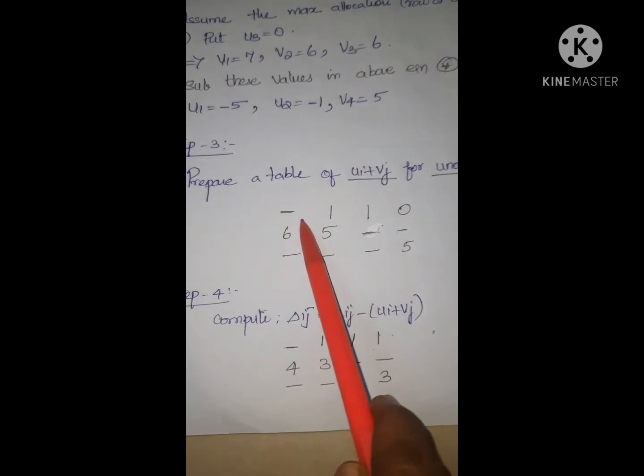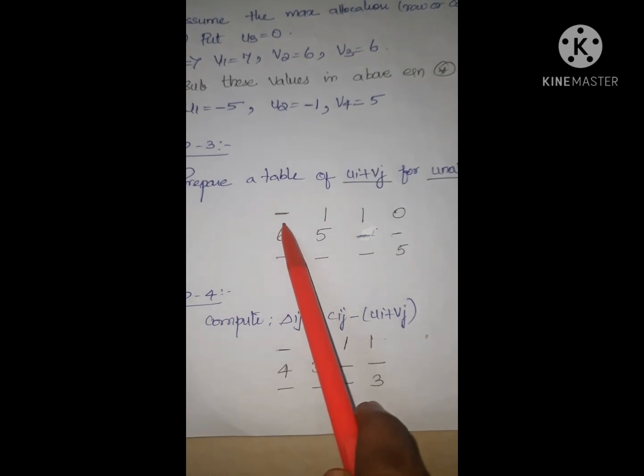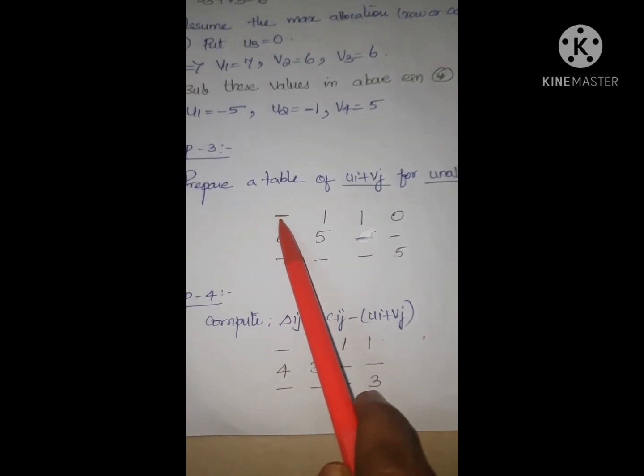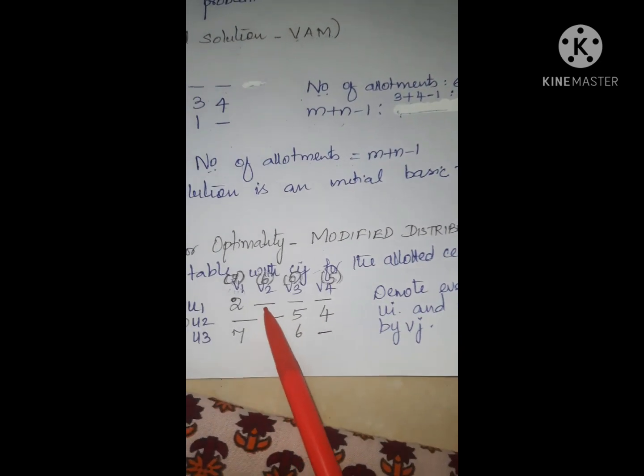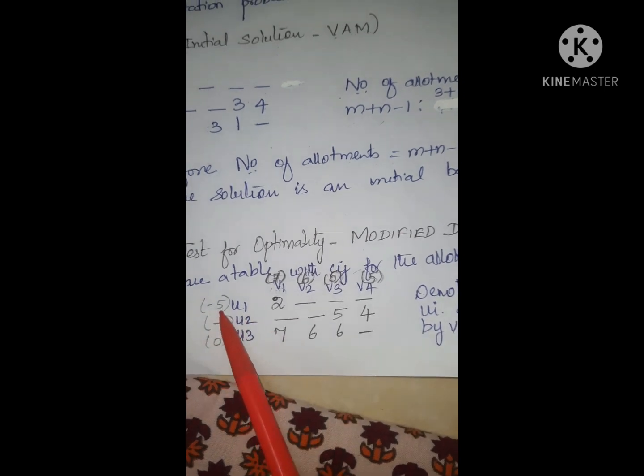So in step 1, the first value is allotted. So here I make it a blank space. The second value in step 1 is unallotted. So for that unallotted cell, add up the corresponding u and v. So this goes to u1 minus 5 and v2 6. So adding 6 minus 5 is 1.